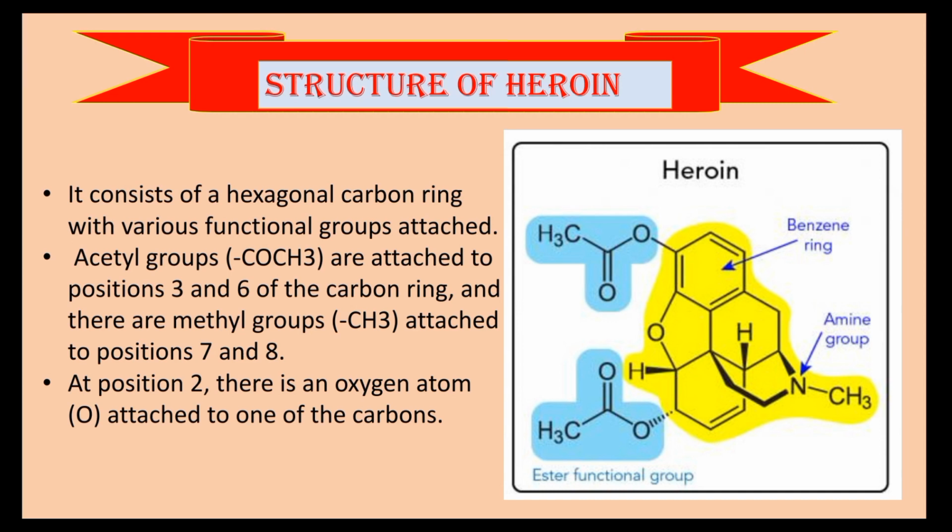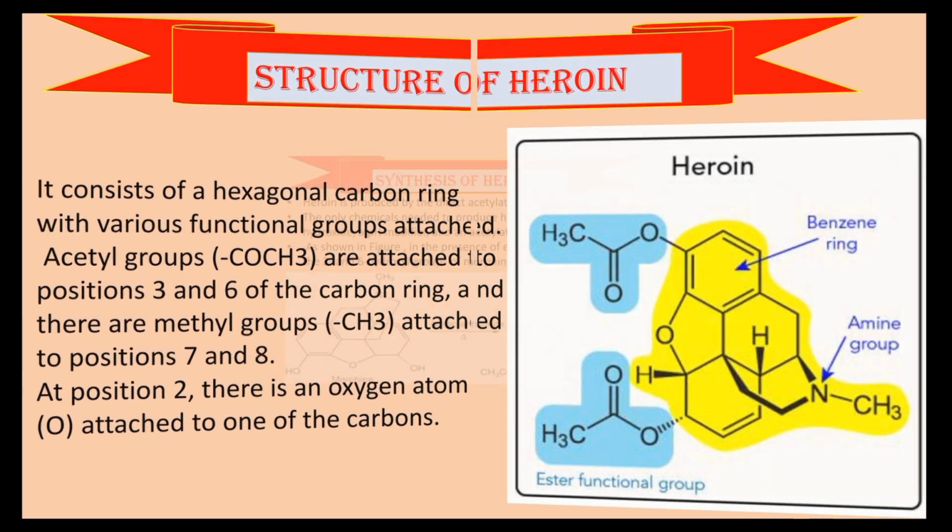At position 2, there is an oxygen atom attached to one of the carbons. Here is the picture of the structure of heroin, which shows two acetyl groups attached to carbons 6 and 3, and then a methyl group attached at positions 7 and 8.